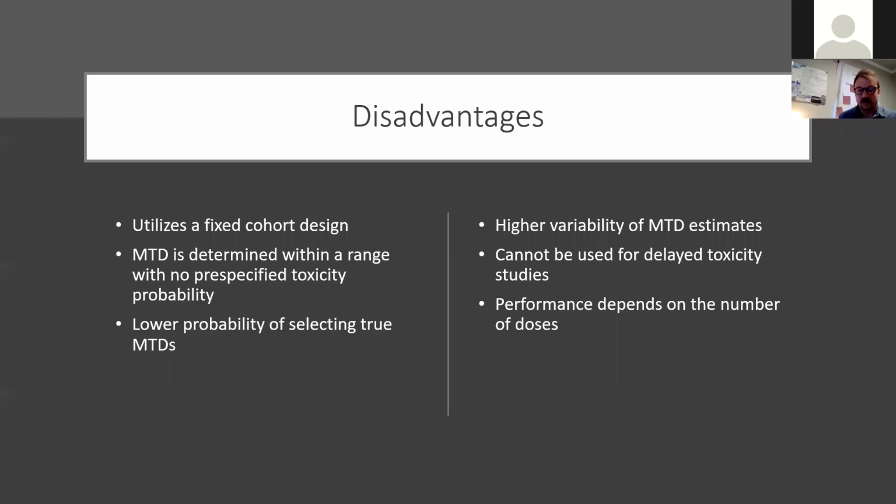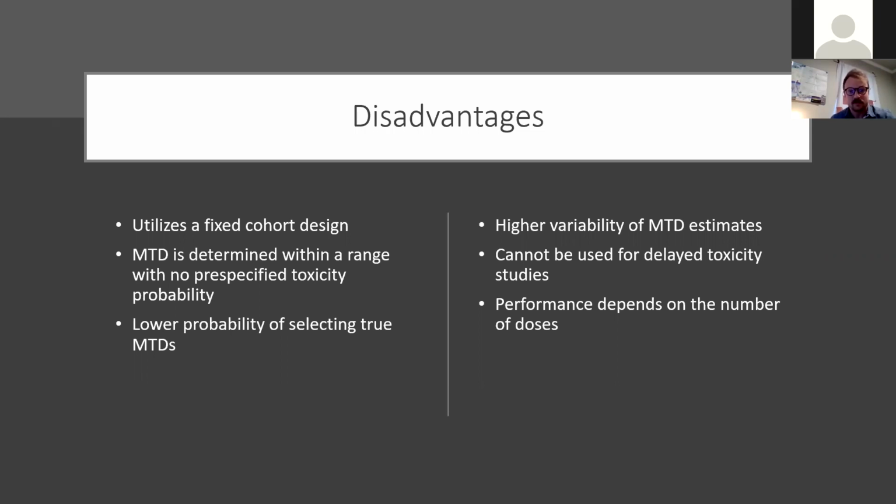Some of these disadvantages are that the 3+3 design utilizes a fixed cohort design. So we can't treat more than 2 cohorts of 3 patients at a given dose. By nature, we're just looking at 6 patients max at a dose level. When we're looking for the MTD, it's going to be determined within a range with no pre-specified toxicity probability.